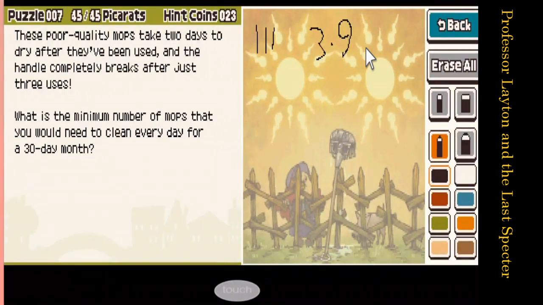So that's 3 mops for 9 days. So how many times would you have to do this in 30 days? Well, 27. So that's 9 mops for 27 days. And then you'd add 3 more because there's 3 more days left, so that's 12.